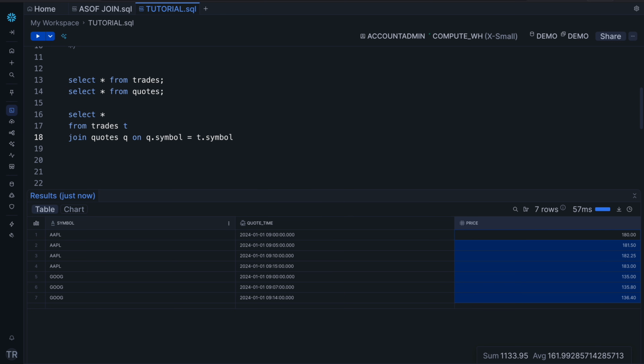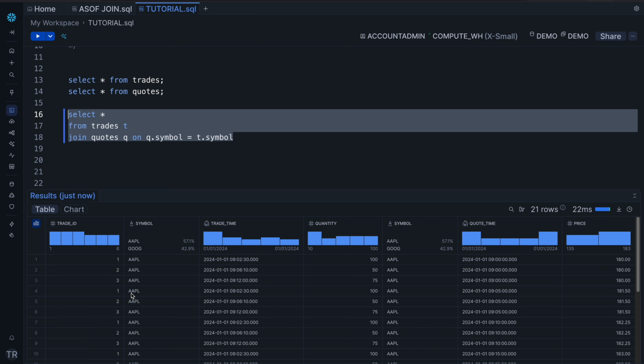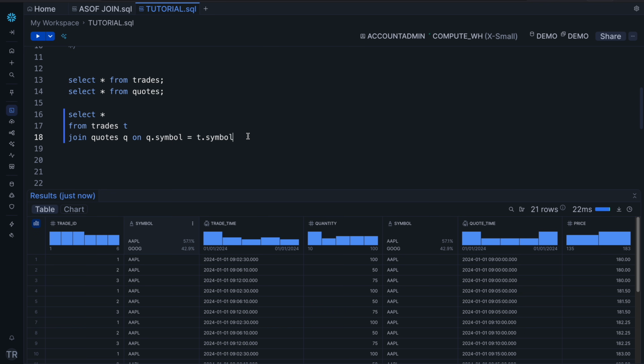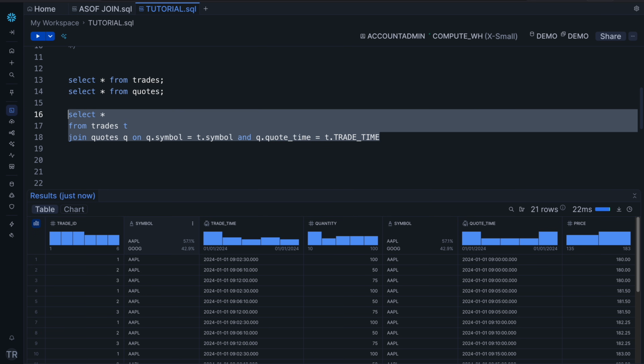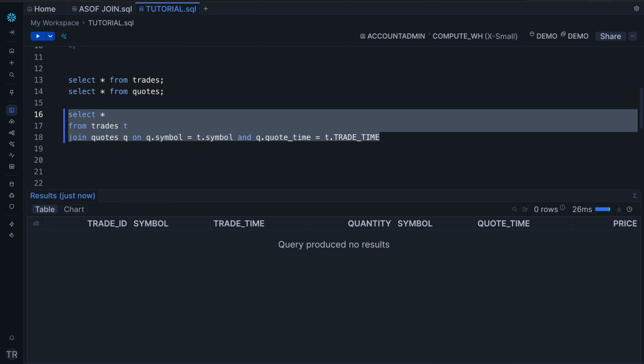But I cannot just join using the symbol, because I'll get too many duplicate records. So I also need to join using the time. So if I join using Q.quote_time equal to T.trade_time, and now if I run it, you can see that I'm getting no records. Why? Because the trade time is not always the same as the quote time. So an inner join will not work here, or basically any other type of join will not work here.